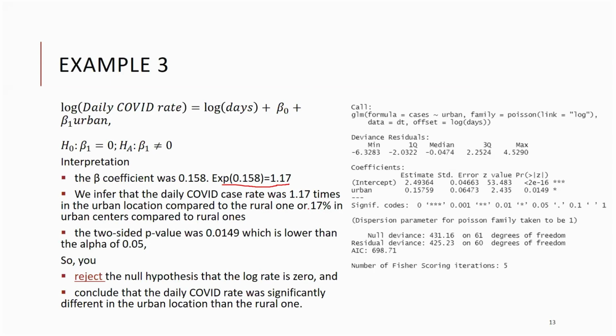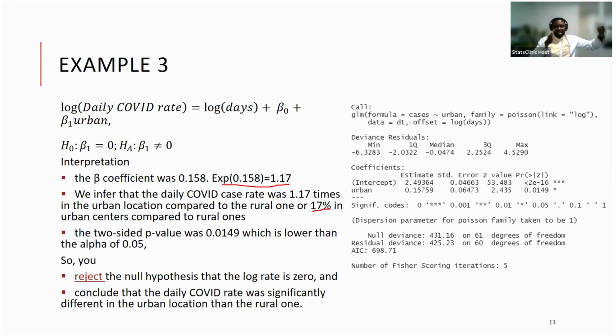Sometimes you might say 17% more, but this can quickly get you into trouble. The trouble comes when you have a value like 2.17 times or 5.17 times. With a rate like that, going from 0 to 1 is bounded, right?